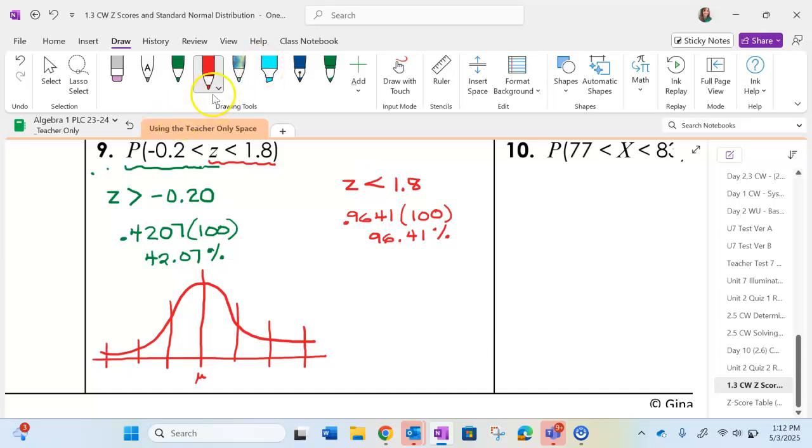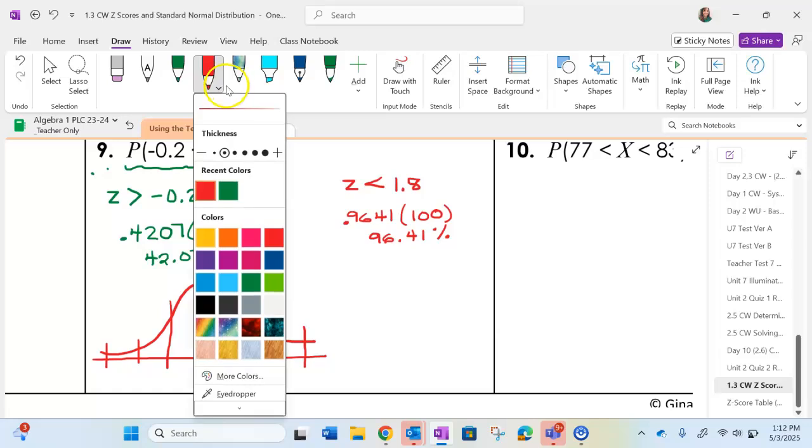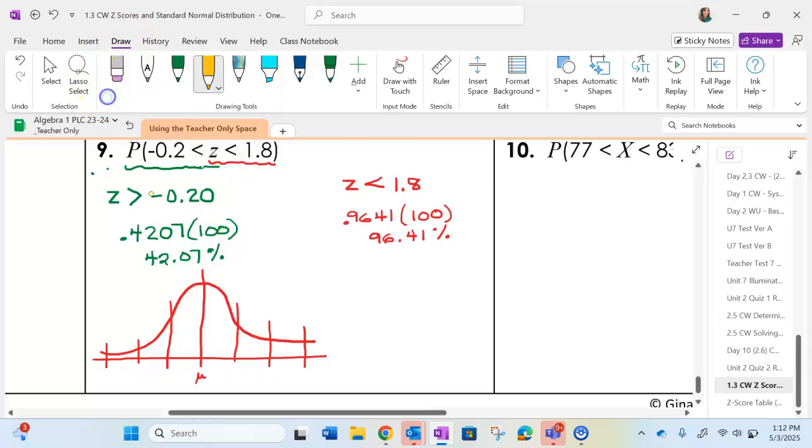Let me find different colors. Let's use yellow. I'm going to put negative 0.2 on here. That means it's between 0 and 1 on the negative side. So I'm going to draw my dashed line. And again, this is a sketch.